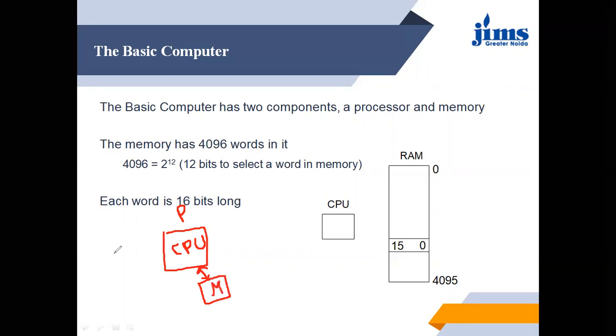We give some input and we get the output as per our designed program. So there are basically two components we will study: the first one is the processor and the second one is memory.